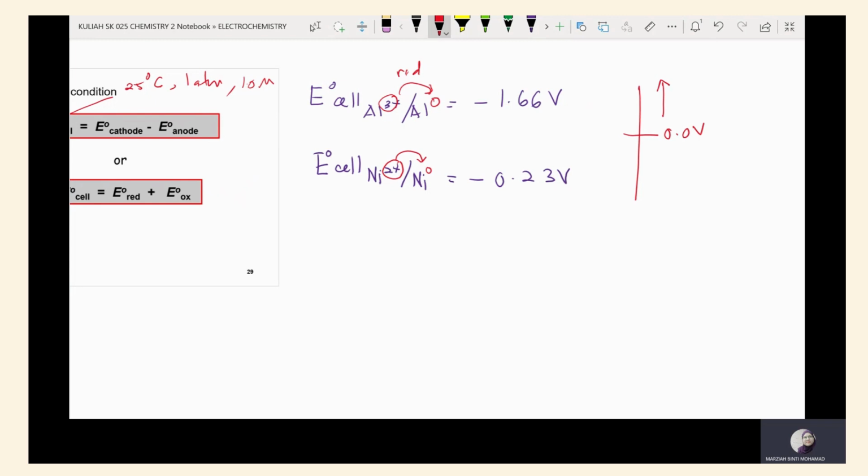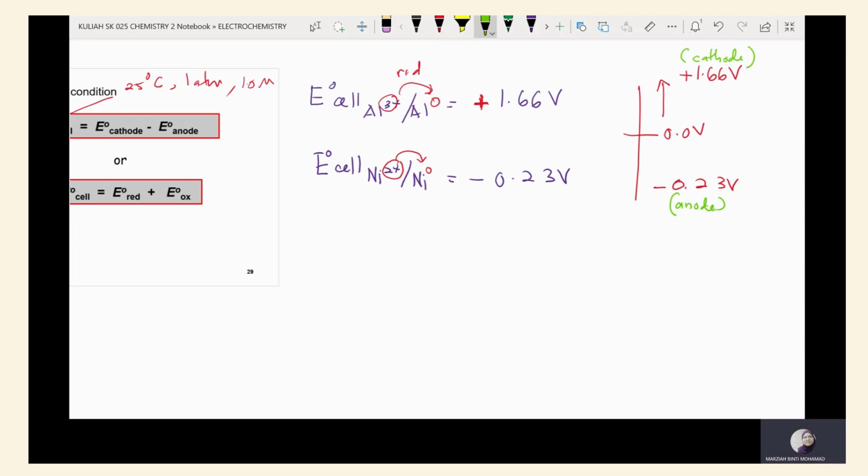So between these two, aluminium, at negative 1.66, is the more negative, and nickel at negative 0.23 volt is higher. So we can conclude that aluminium will become a cathode while nickel will become an anode.